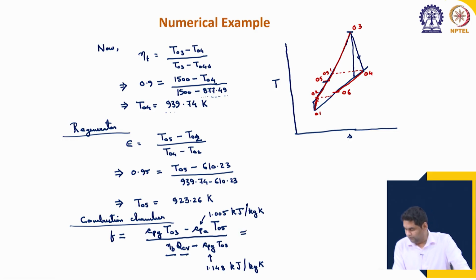So, from all this we get the fuel air ratio to be equal to 0.0187, okay, which is a reasonable value for a practical gas turbine.